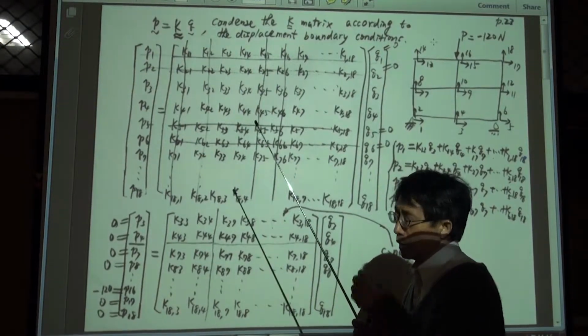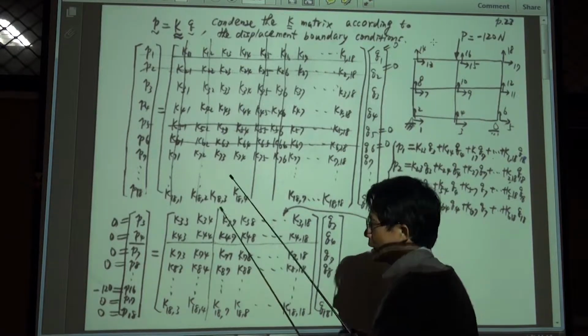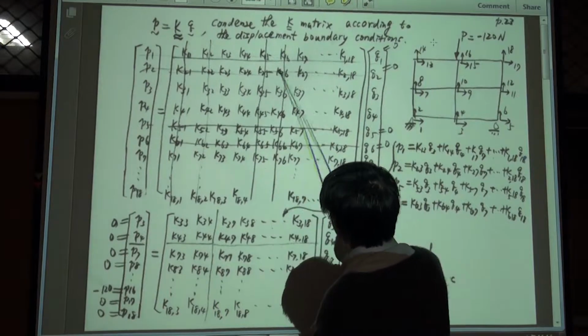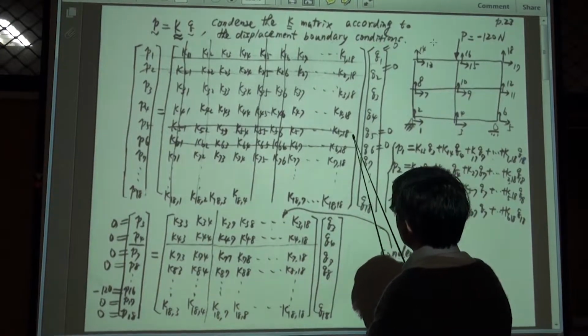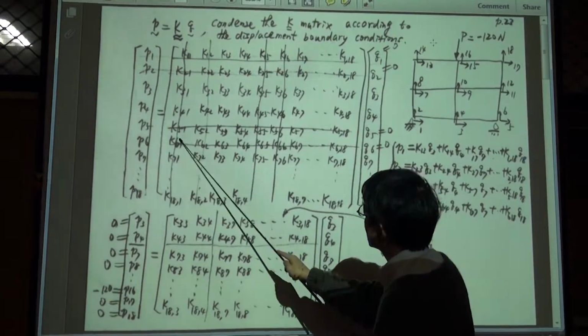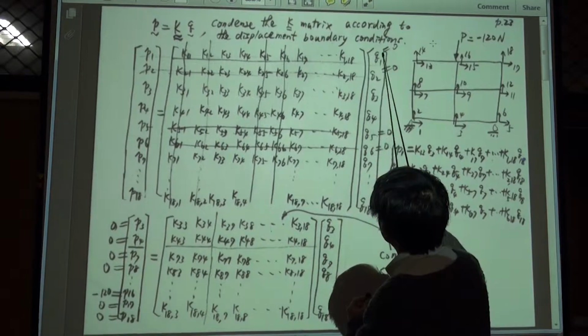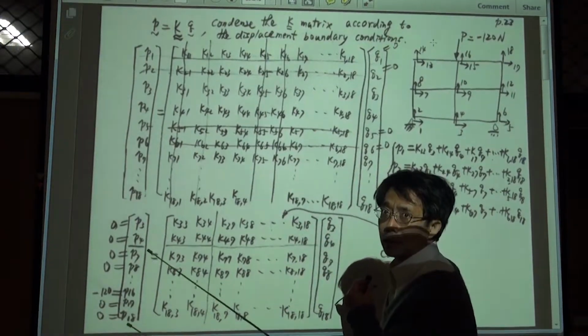For example, in the computer storage, you just delete this row of data, and also we delete this row, and here Q5 is known. We delete this row and delete this row, and also correspondingly we delete this column. The first row is deleted. The first column should be deleted too.